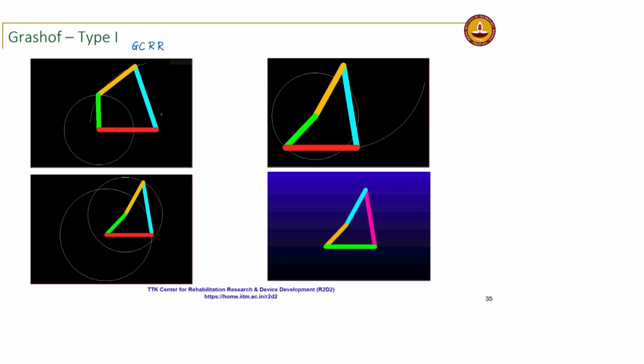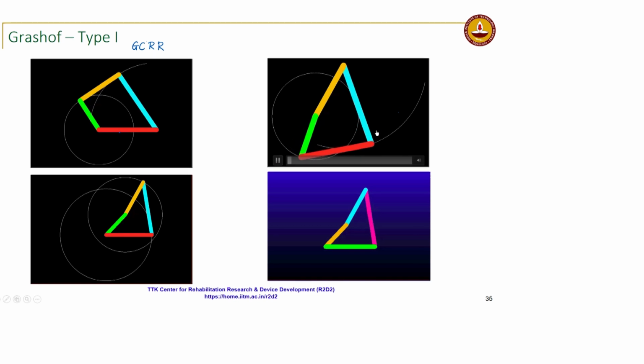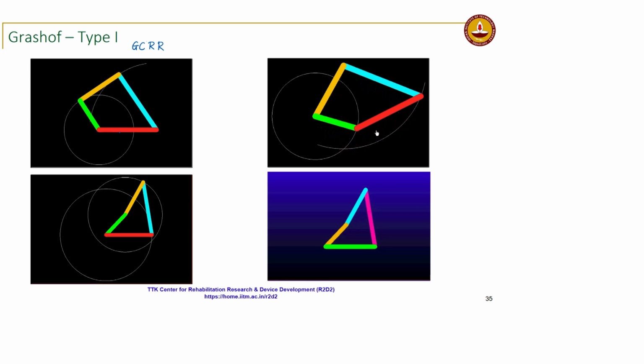In the case of this one, next to the shortest link I have the red link or the orange link. If I fix the orange link, now again the green link makes a complete rotation, the blue link rocks between limits, okay, it is not able to undergo a complete rotation.